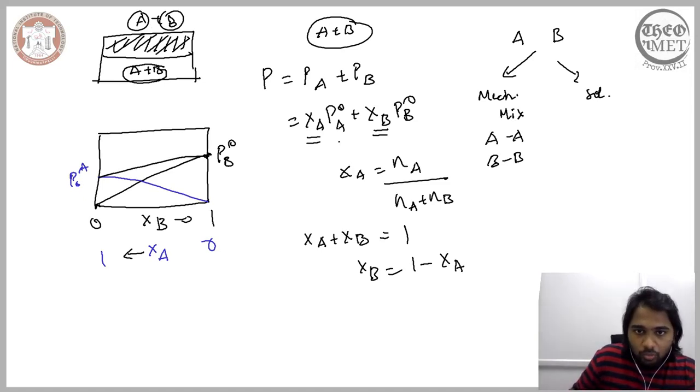Assuming XA equal to 1 and XB equal to 0, we get this point here, and assuming the reverse, XB equal to 1 and XA equal to 0, we get the other point here. Since it's a linear relation, we can relate this point to the other point, and we ultimately end up representing graphically the vapor pressure for the mechanical mixture, which ensures that for these different concentrations the system is set in dynamic equilibrium.